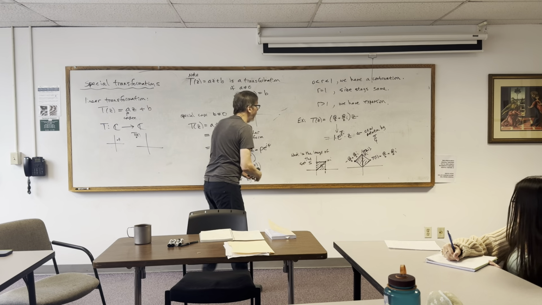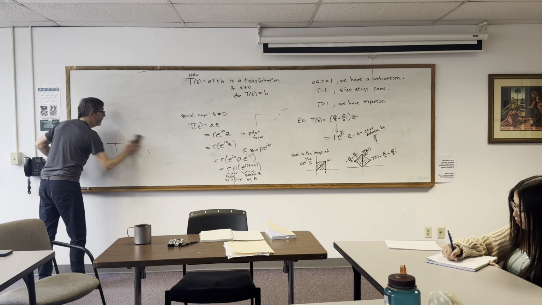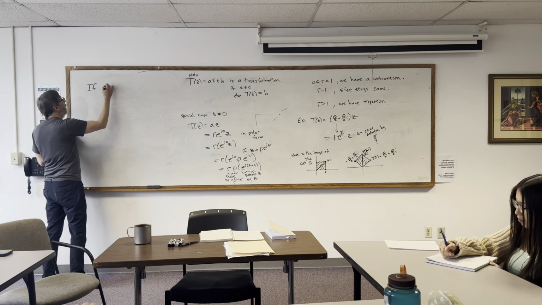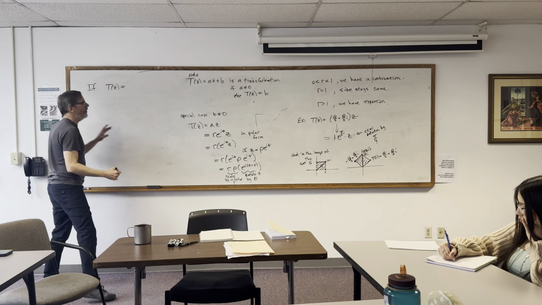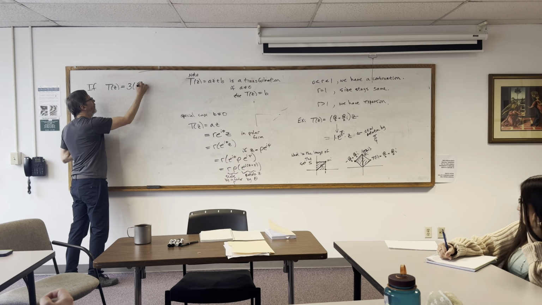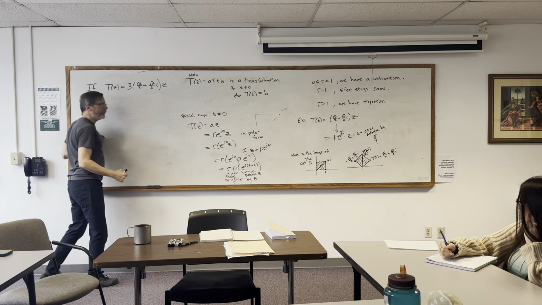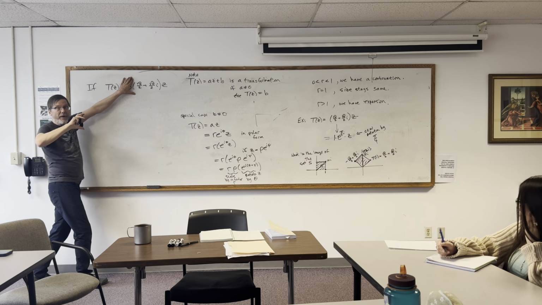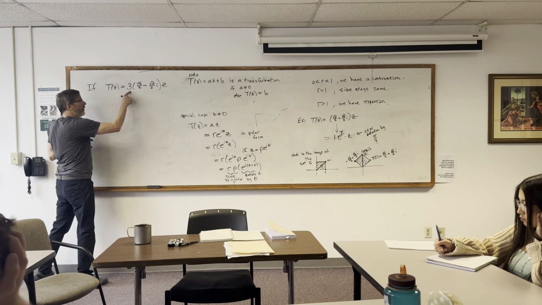Now there was no scaling, but if there had been, let's take a look at the scaled version. Let's twist things up here. So again, if T of z, now I'm going to change it a little bit. I'm going to put a 3 times root 2 over 2 plus root 2 over 2 i, times z. So not only does this rotate by 45 degrees, but it expands everything away from 0 by a factor of 3.